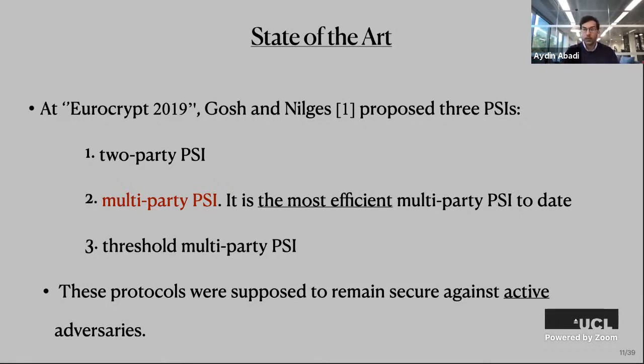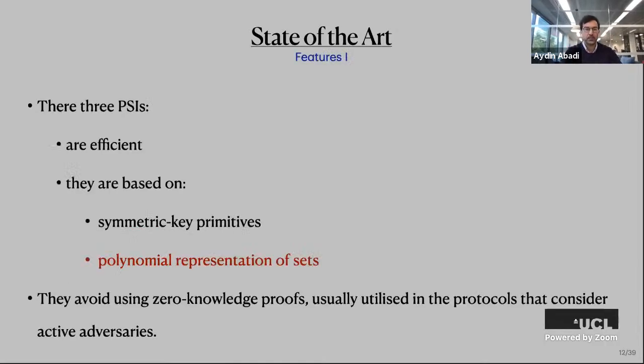These 3 protocols were supposed to remain secure against an active adversary, the strongest one. These 3 protocols are quite efficient. They are mainly based on efficient symmetric encryption. They use polynomial representation of sets.